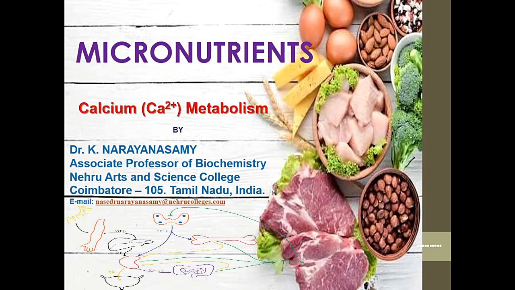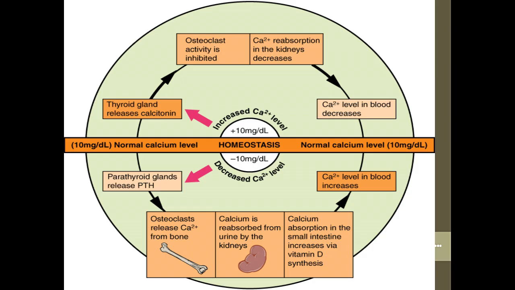Micronutrients are essential minerals needed for the better functioning of the body as well as the betterment of metabolism. Calcium is one of the major micronutrients which is needed for us.